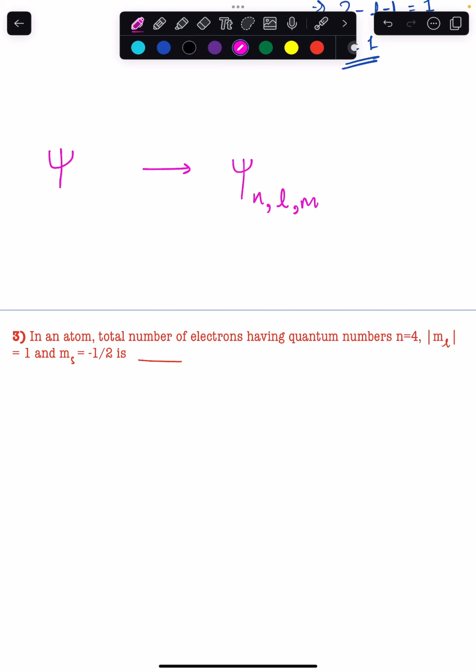Let's assume it's 2 1 1. So n is 2, l is 1, and m is 1. This is one denotation that I forgot to mention above.